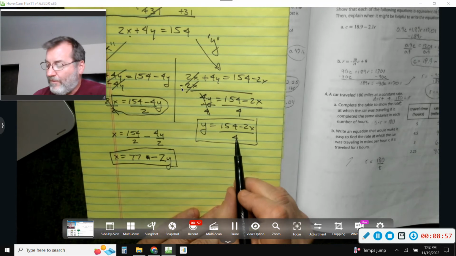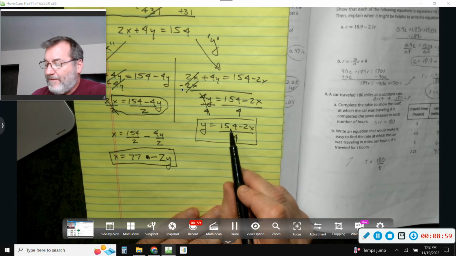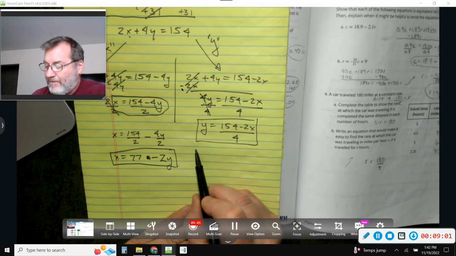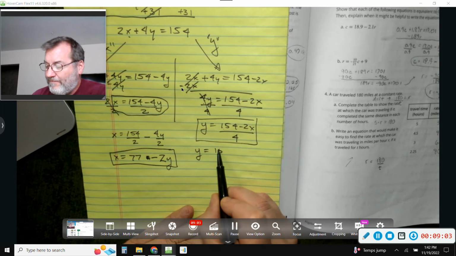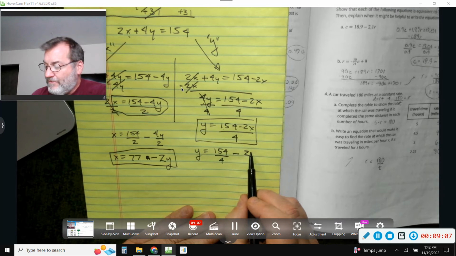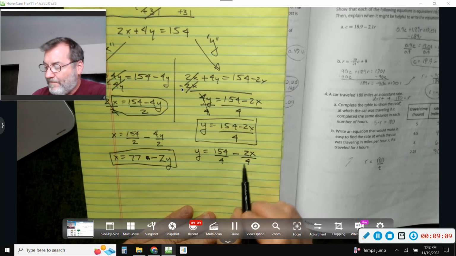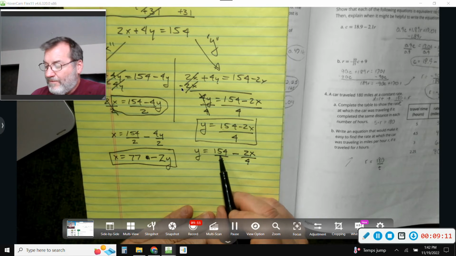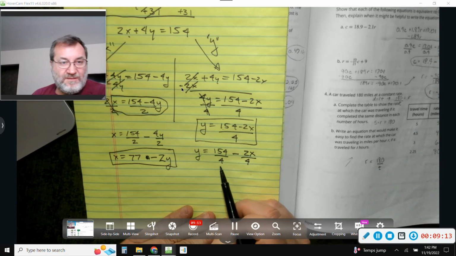When you look at the 4 over here, you could take a 2 out of all of these. We can rewrite this as y equals 154 divided by 4 minus 2x divided by 4. Can we take a 2 out of both of those? Yeah, we can.